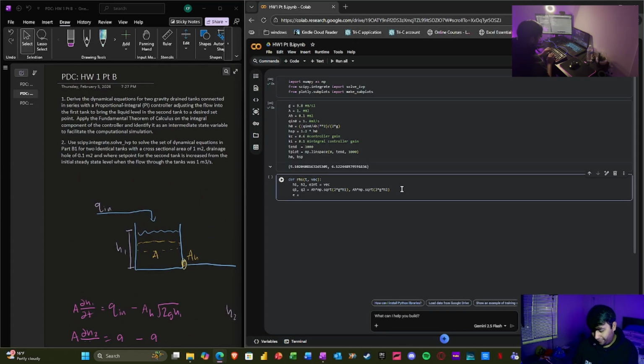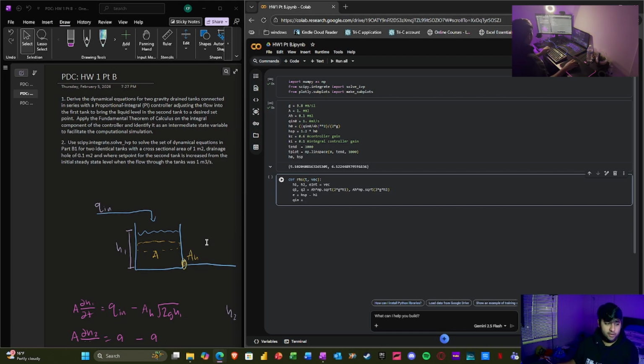And then we're going to define what our error is. And we're going to also show what our initial flow rate is, which is what we found in the problem previously. So that is our initial plus Kc times our error. And then, if you remember, we had our Ki. We're going to multiply that by our e integral.